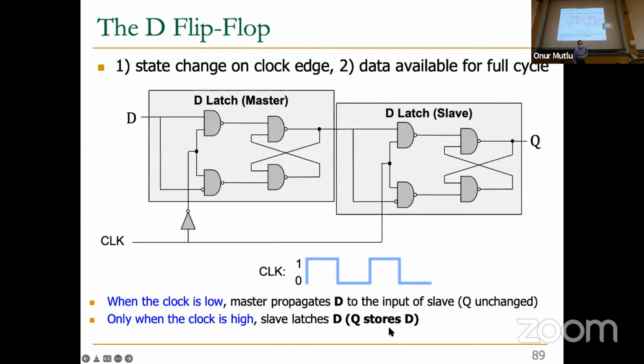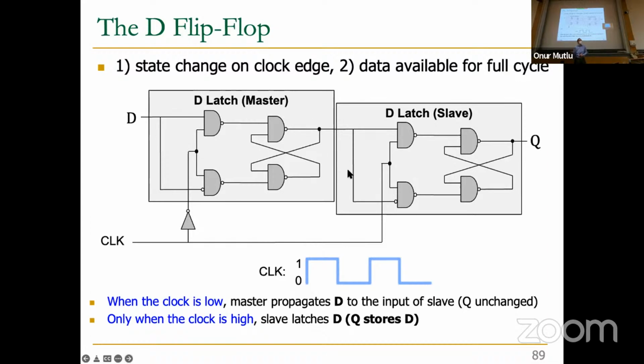But that value cannot change during this time, because when the clock is high over here, the inverted clock is low over here. As a result, this other D value that may come cannot change it.